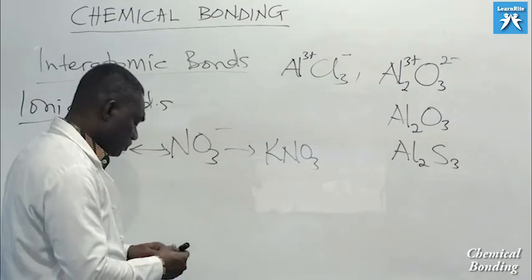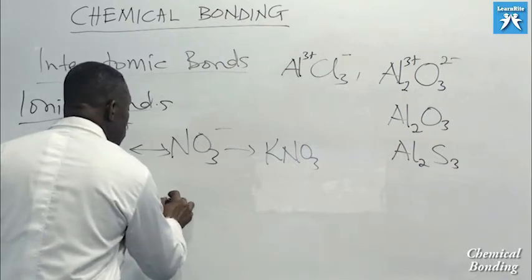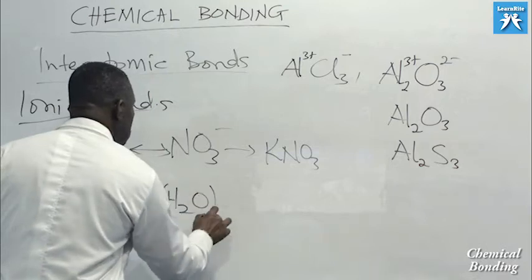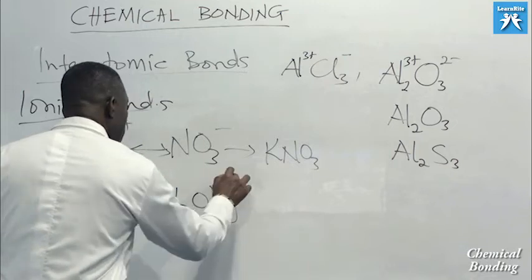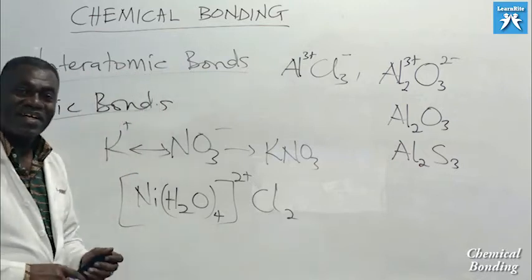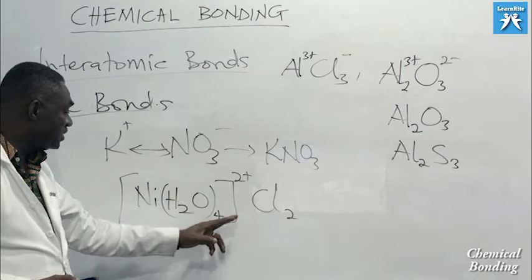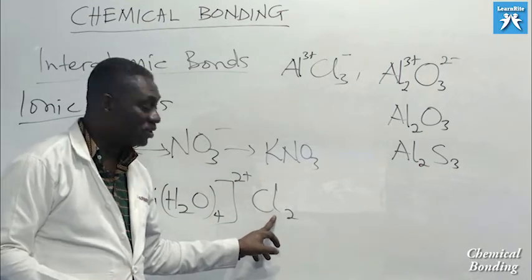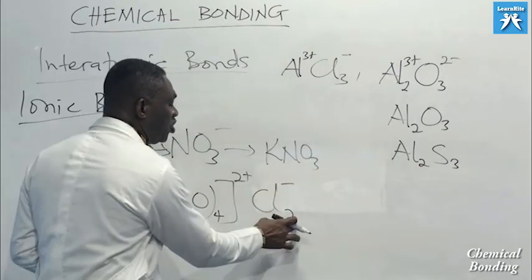We can also have something like this compound that I've written here. That is a complex cation. This whole thing has +2 charge, and it's combined with 2 chloride ions. This is -1. So -1 times 2 gives me -2.